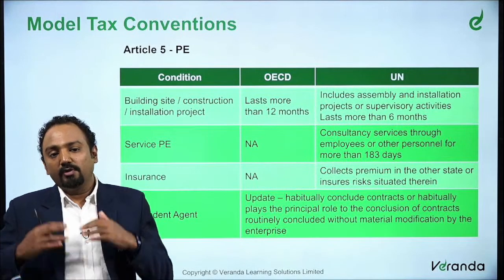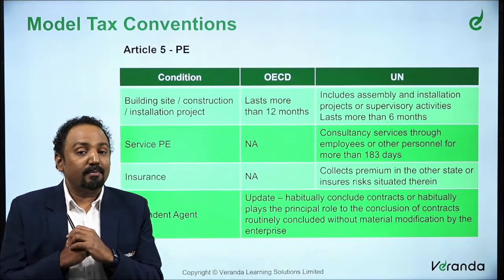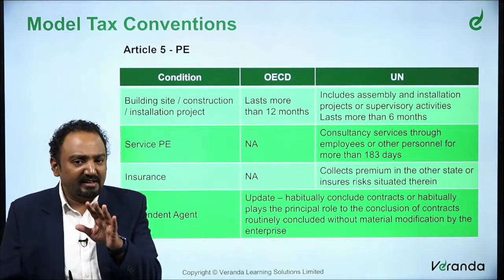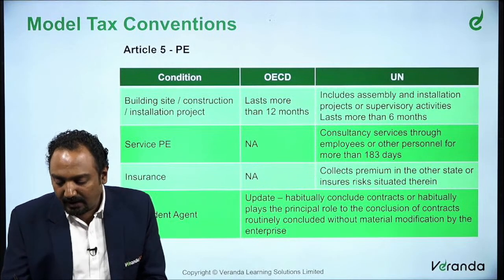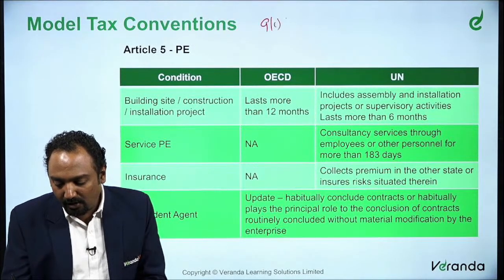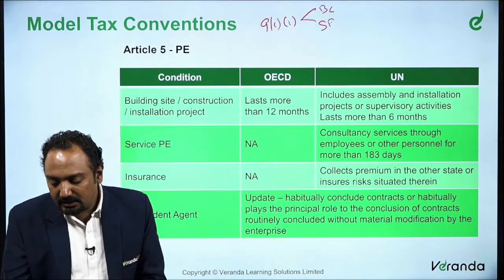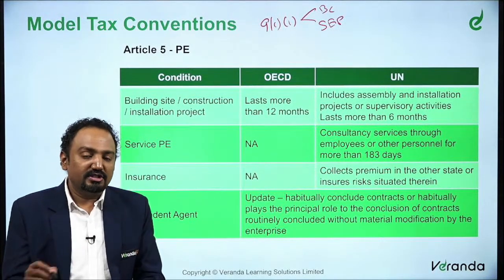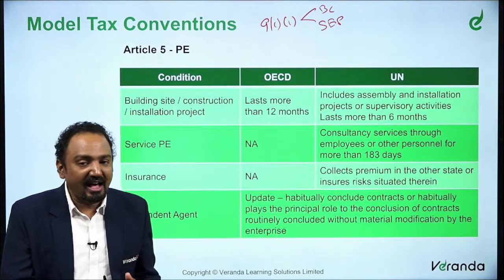Now we will move on to the next article, which is important, Article 5, that is permanent establishment. Very critical to determine business income, right? 9.1. I have been repeating this section quite often. It discusses business connection and significant economic presence, which is in line with the concept of permanent establishment discussed in Article 5.